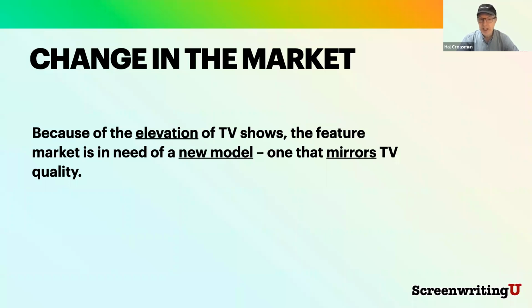So things have changed and we need to change with them. So the feature market is actually already moving into this new model, one that kind of mirrors TV quality. And that's part of what I'll be showing you today.